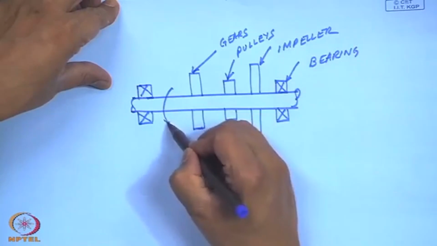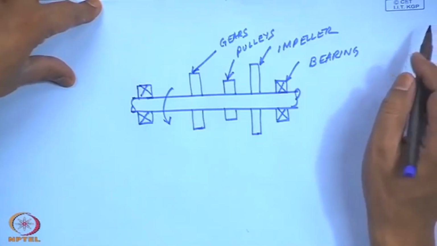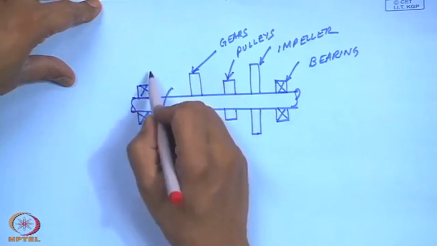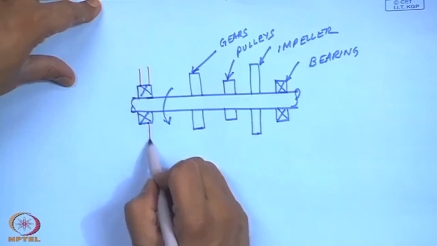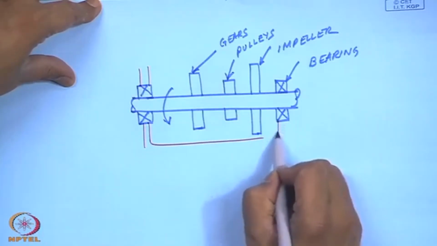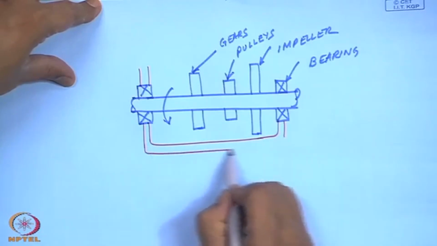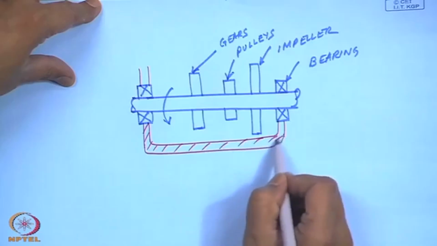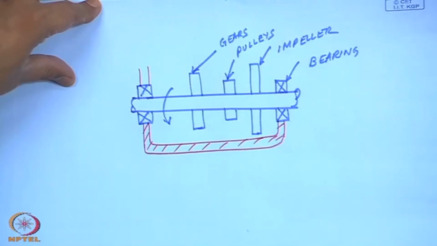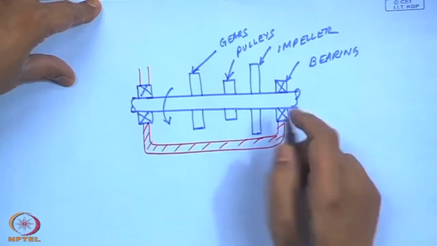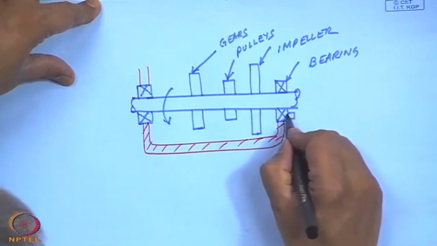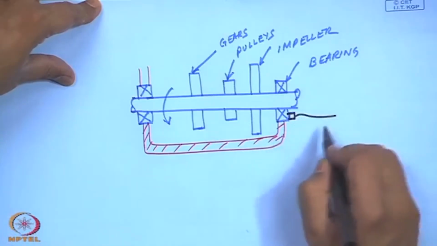Okay, and this shaft is rotating. Now, obviously, if this was in a machine, this would be housed in a casing, and perhaps near the location of the bearing, we may be picking up a vibration signal from a transducer.